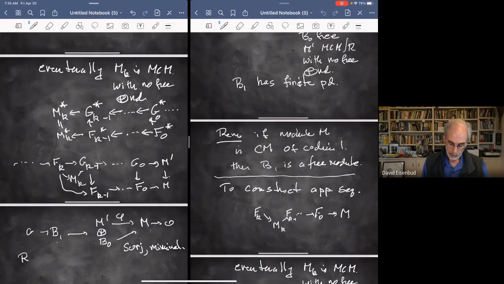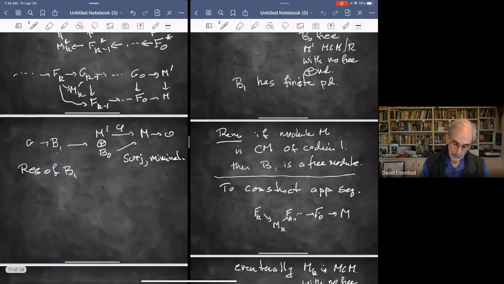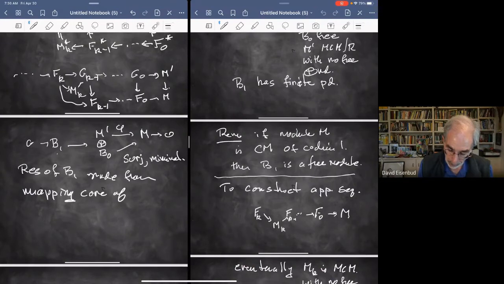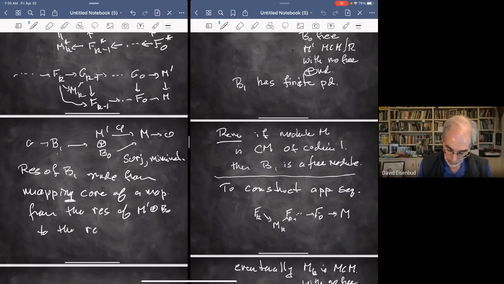So the resolution of B1 is made from the mapping cone of a map from the resolution of M prime plus B naught to the resolution of M, and it is eventually trivial.